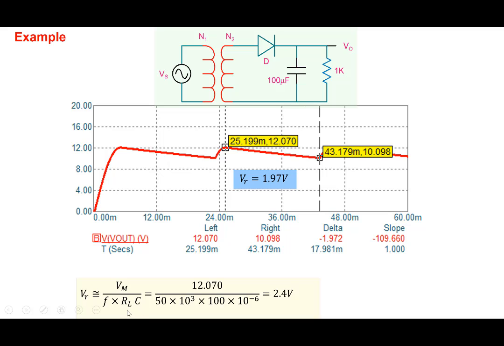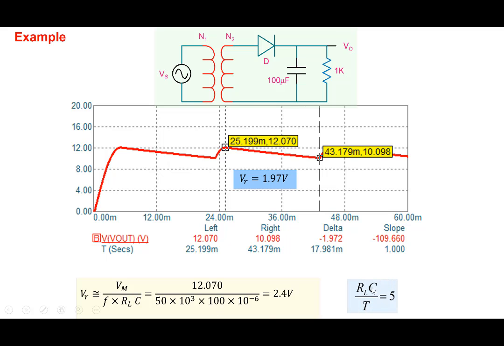Note that Vm may not be under our control because Vm may depend on the application. So if the application requires 6 volts, this would be 6 volt here. Frequency is also not under our control, it is fixed at 50 Hertz. Load resistor is also maybe not under our control, because the load may also be defined by the application. So the only thing left with you is C here.